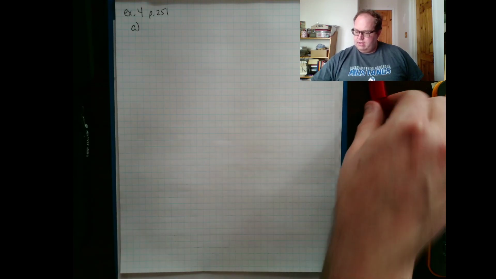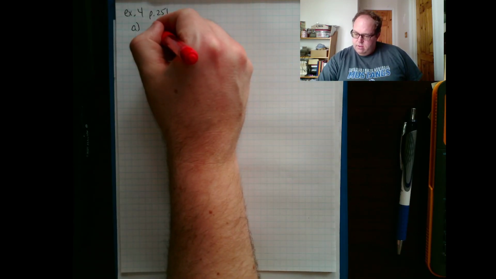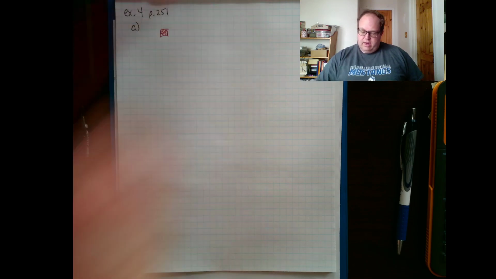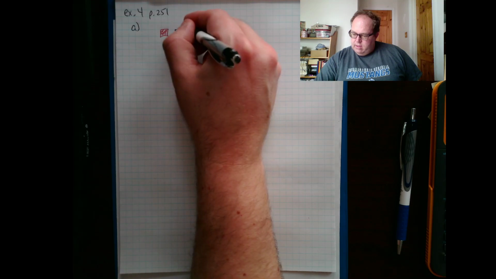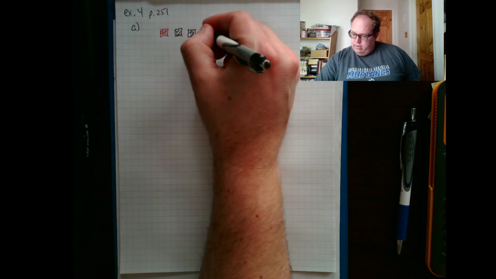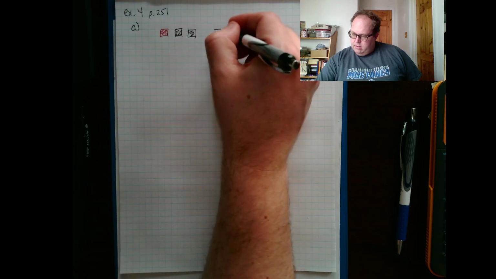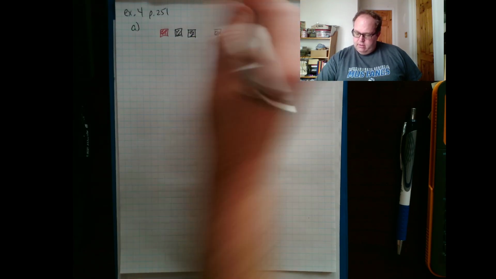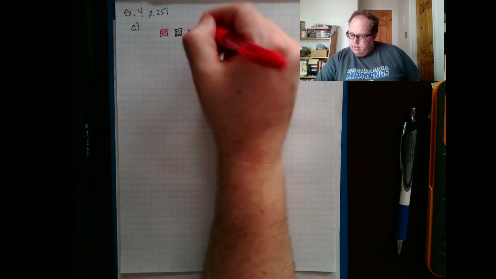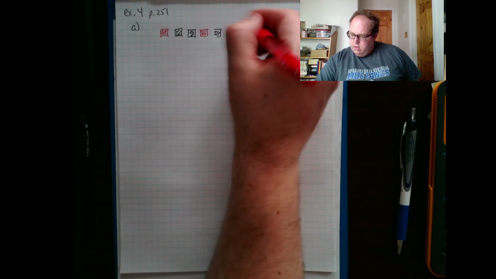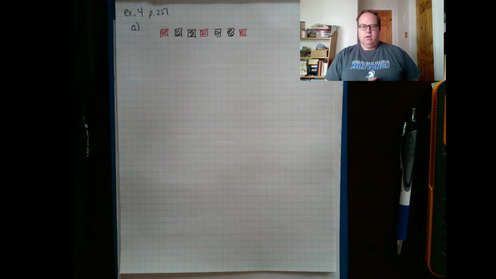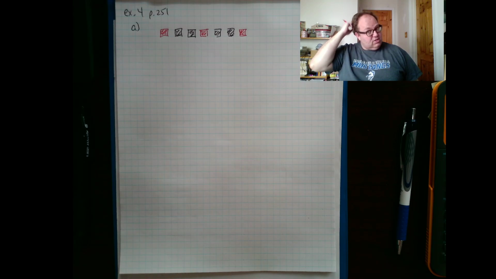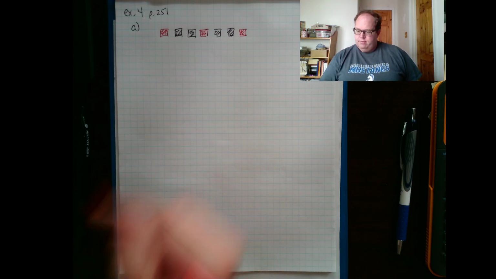What does that look like? That looks like red car, black car, black car, red car, black car, black car, red car. And each car is different from each other car.